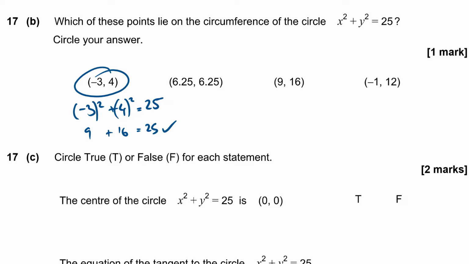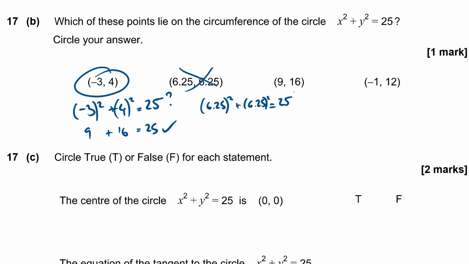Next, is 6.25 squared plus 6.25 squared equal to 25? 6.25 squared doesn't look like it. That's 39 by itself, so no, that one's not.